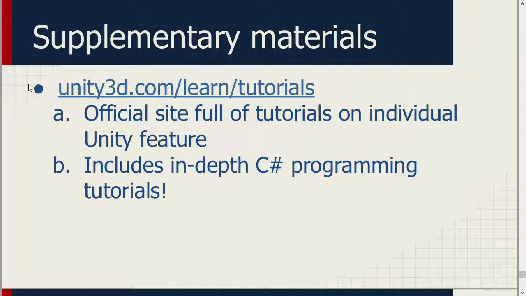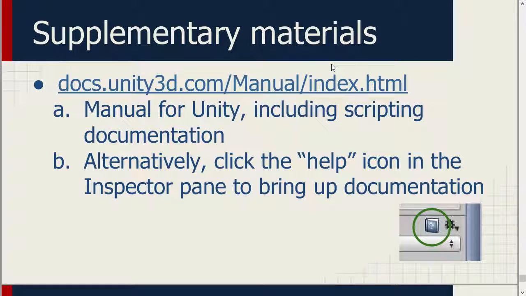Some supplementary materials. I would highly recommend checking out unity3d.com/learn/tutorials. Unity itself has a wonderful selection of tutorials to check out. So if you want to learn more about other components in Unity, such as how to do mesh navigation so that you can point at a direction and make a character move to that point, there's a tutorial for that and so forth.